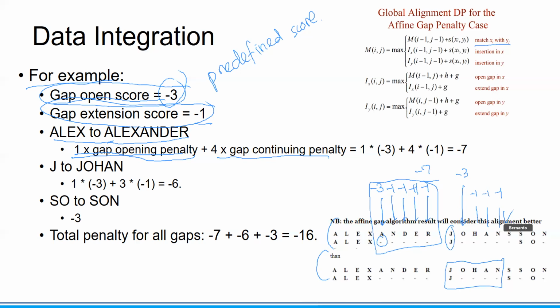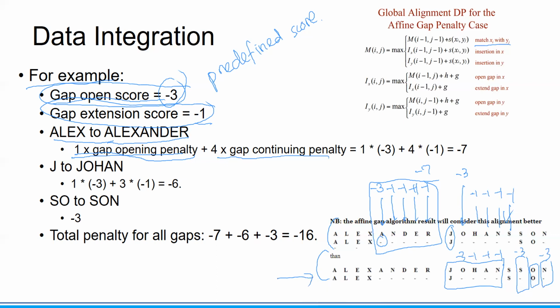In this case, we have -3, -1, -1, -1, and then -1. But what about this one?